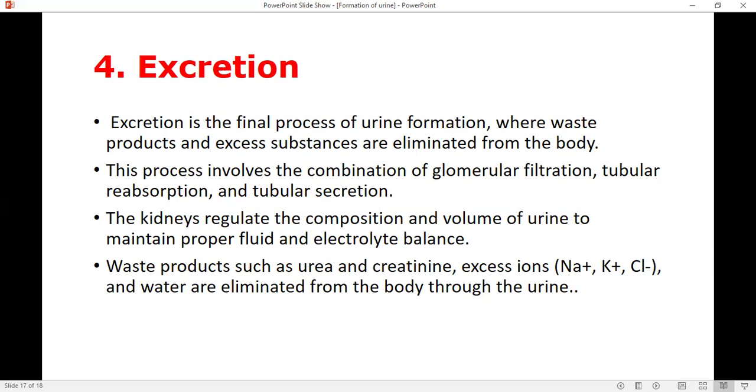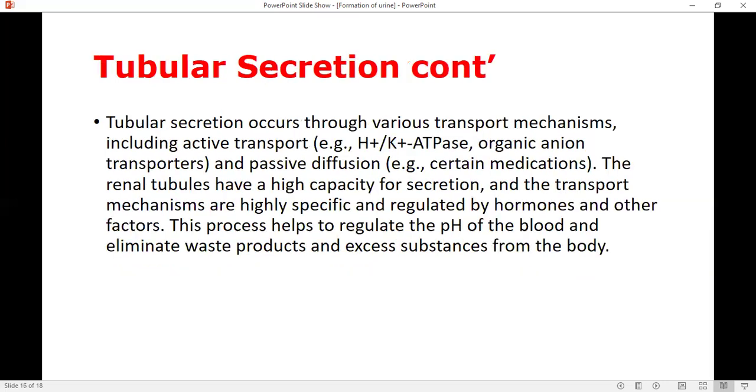Which one gets excreted? Because you said for tubular excretion, it's the things that come out from the bloodstream. So I actually thought it's the things that are filtered.